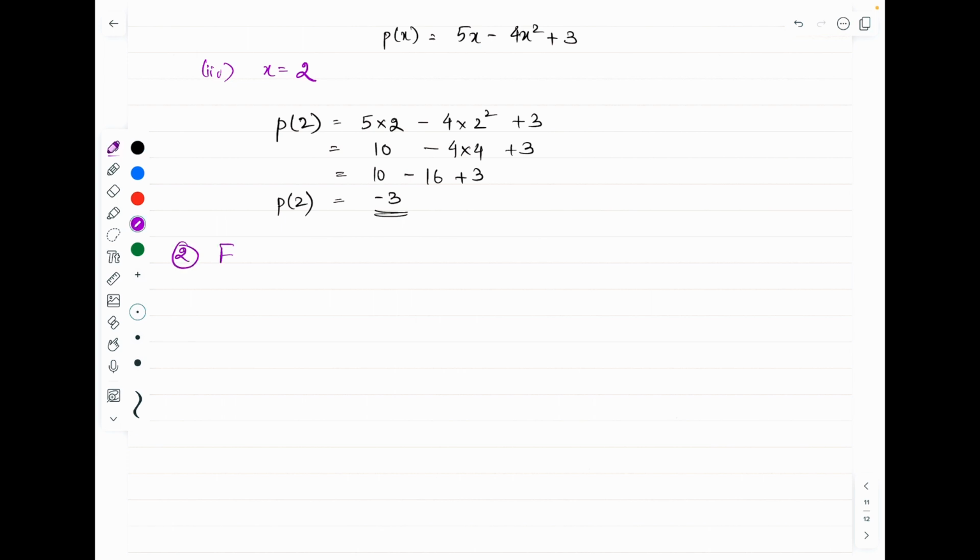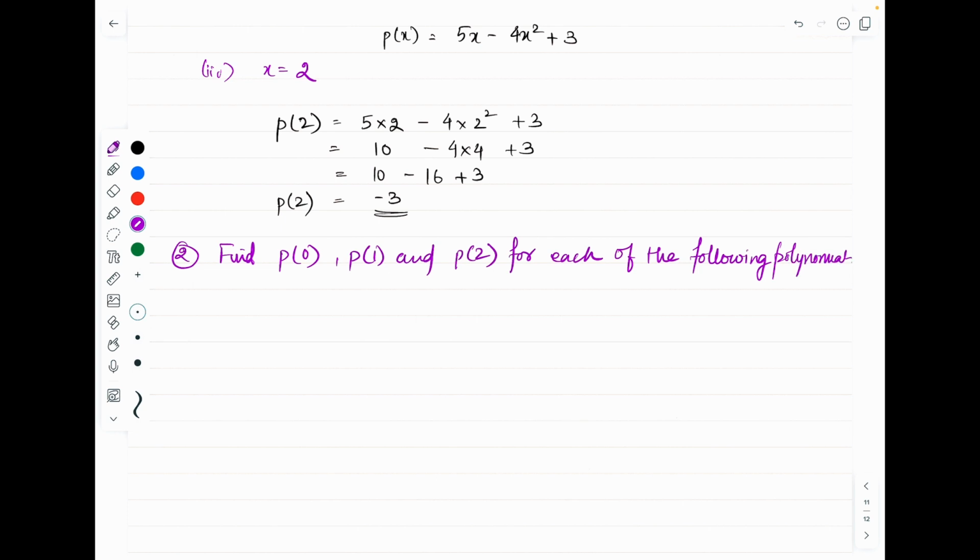Second question is given as find p of 0, p of 1 and p of 2 for each of the following polynomials. Okay, for each of the following polynomials.